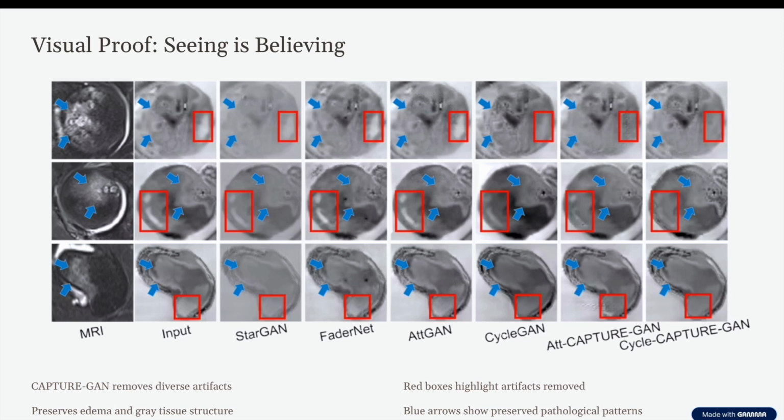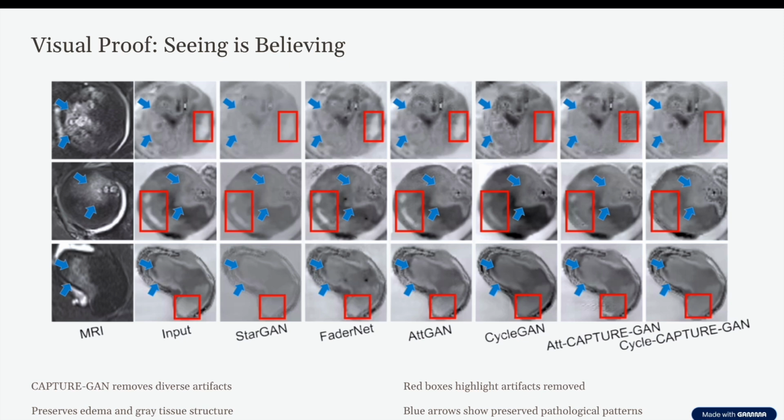Now as we move across to the right, we see the output from various artifact removal methods. Pay close attention to the CAPTURE-GAN column. You will observe that CAPTURE-GAN effectively removes diverse types of artifacts.